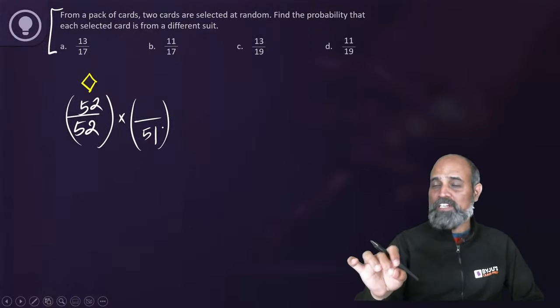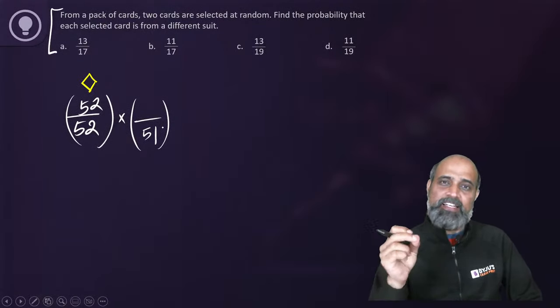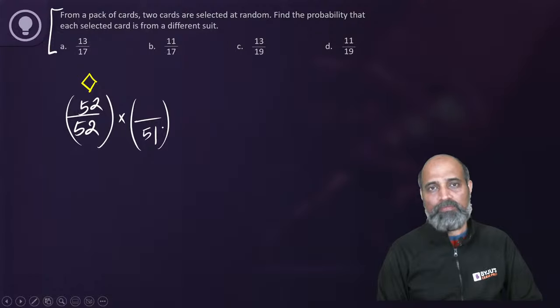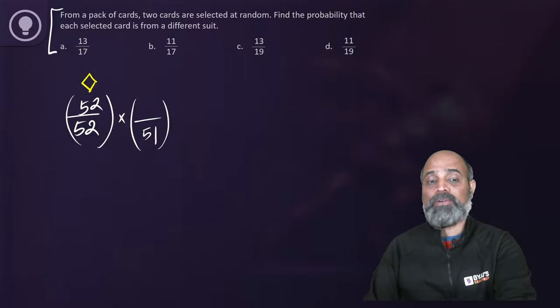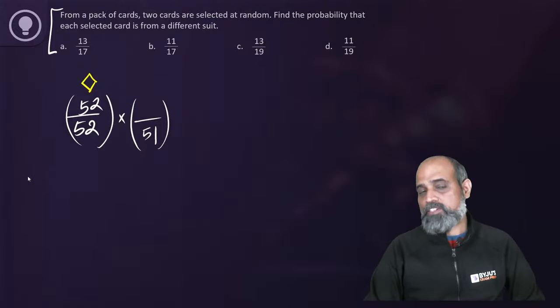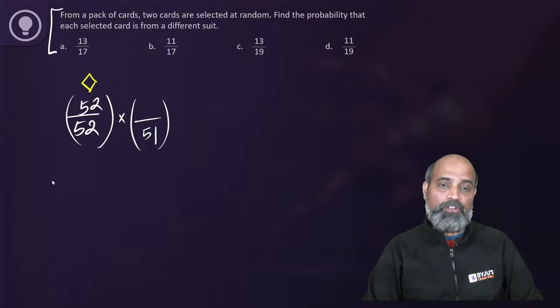Out of these 51 cards, how many cards can I select such that it's not a diamond anymore? We don't want a diamond, which means I can have clubs, spades and hearts. Diamond not allowed.